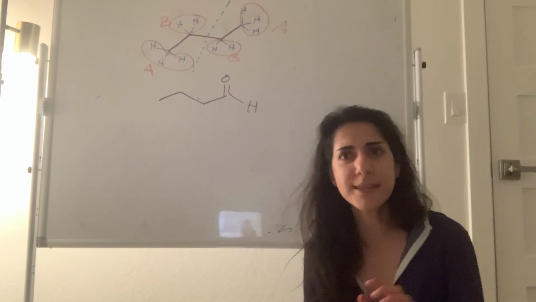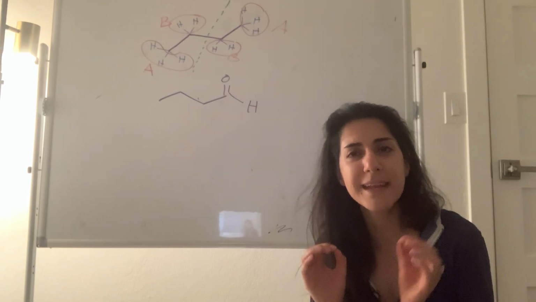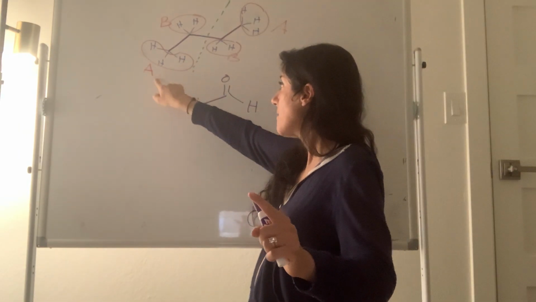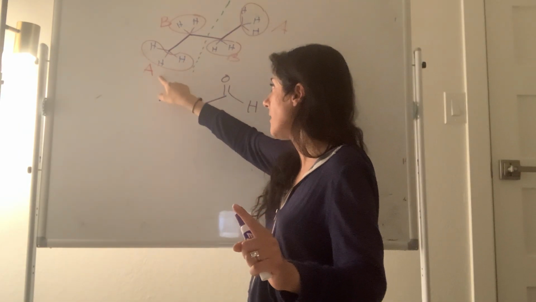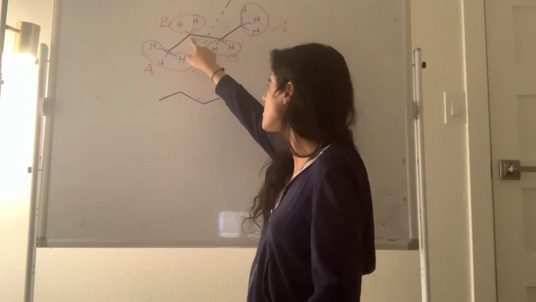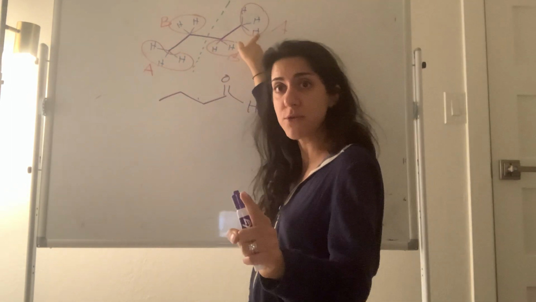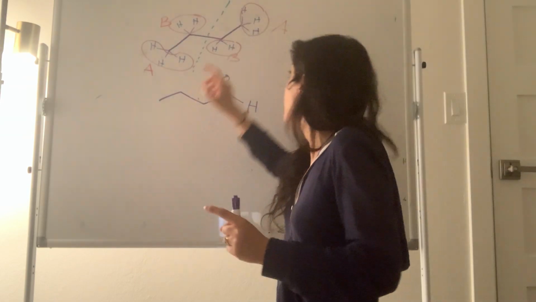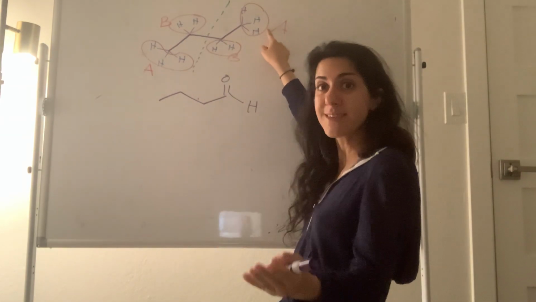Okay? If you don't see the symmetry, you can also look at the neighbors, right? Let's do this together. This unique set of protons is attached to a CH2, CH2, CH3. Attached to CH2, CH2, CH3. Now these are exactly the same.